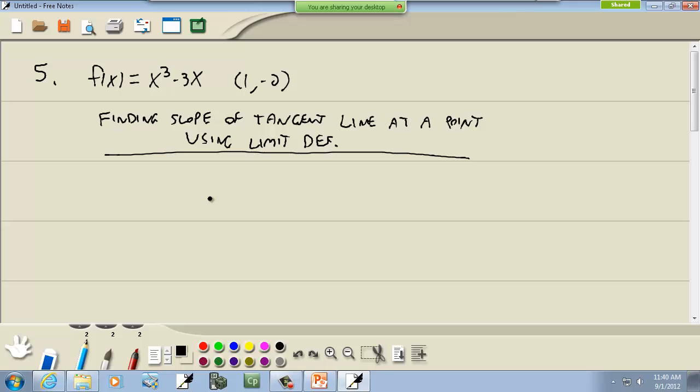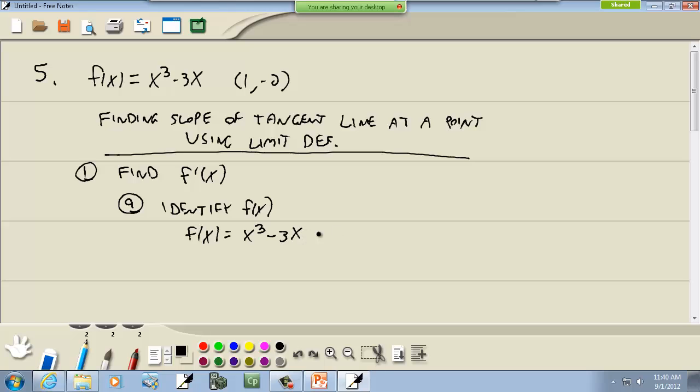Our first step is to find f prime of x, find our derivative. The first sub-step within that is to identify f of x. Well, in this problem, f of x is equal to x to the third minus 3x.